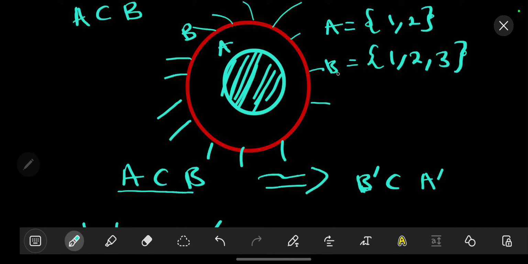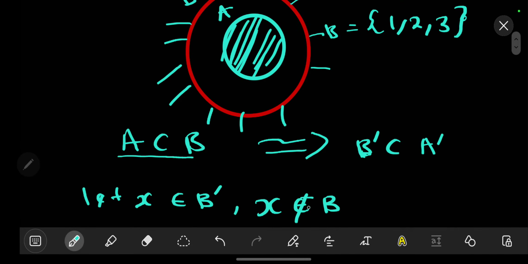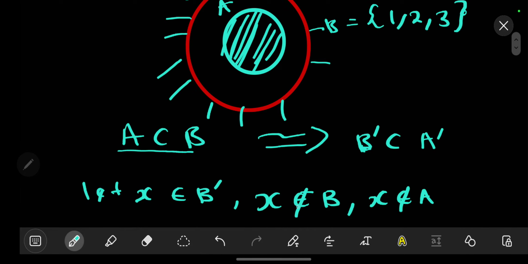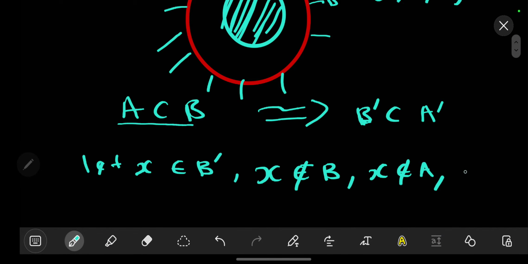All the members that are in A are also in B. So if X is not part of B, it will not be a member of A either, since A is found inside B. If X is not a member of B, it must not also be a member of A. That simply means X must be a member of A complement.